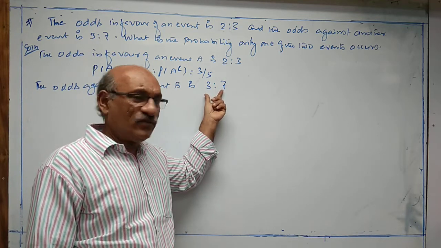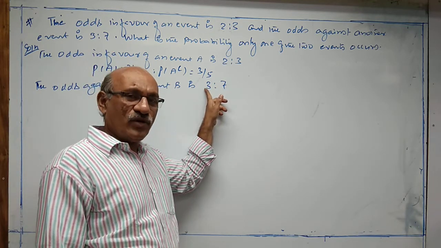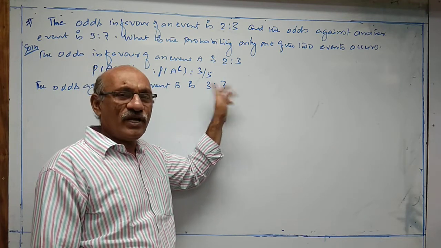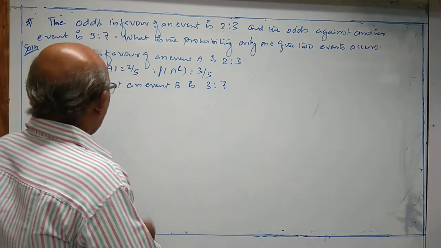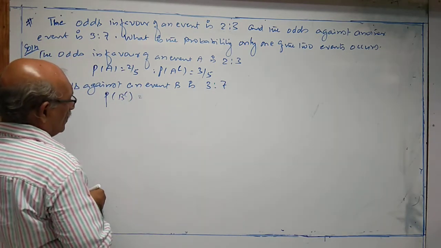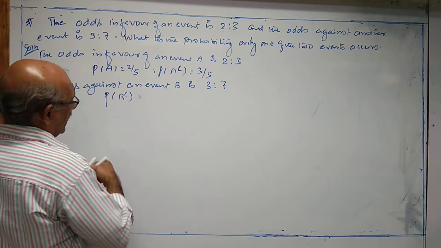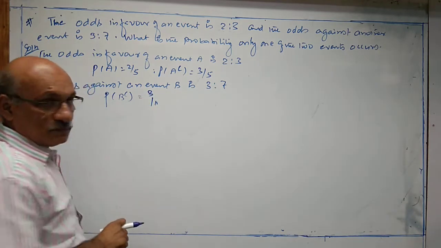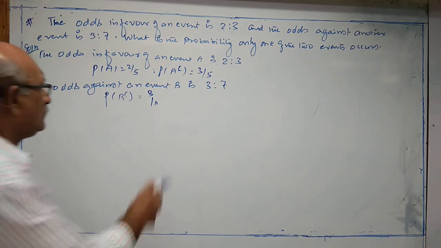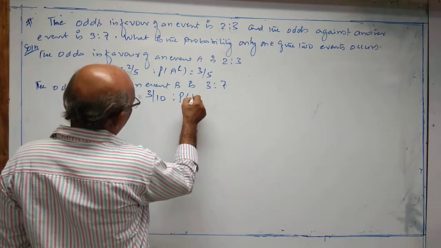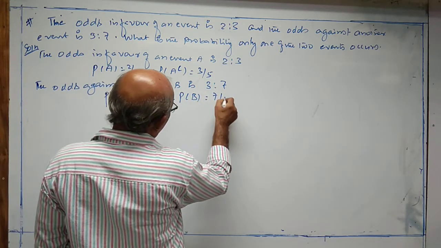Out of 10 cases, 3 cases are not supporting for happening of an event, and 7 cases are supporting for happening of an event. So how can I write this? B complement is equal to 3/10, probability of B is equal to 7/10.